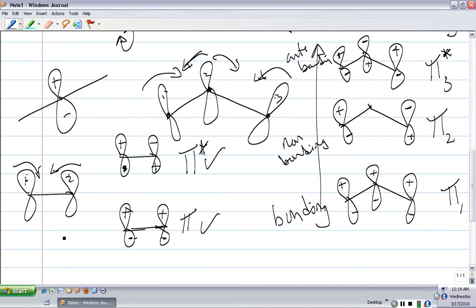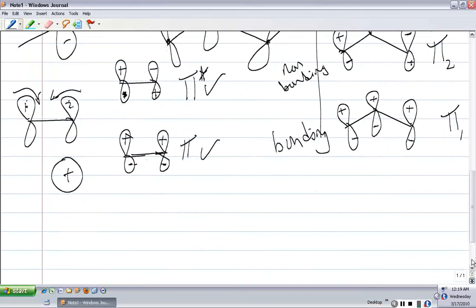If I look at an s orbital, it has no nodes, right? There's no phase change in an s. I look at an sp3 hybrid, well, then it also has a node, right? There's a node here about which the phase changes. And in fact, in general, in any orbital that has p character, I'm going to have at least one node.